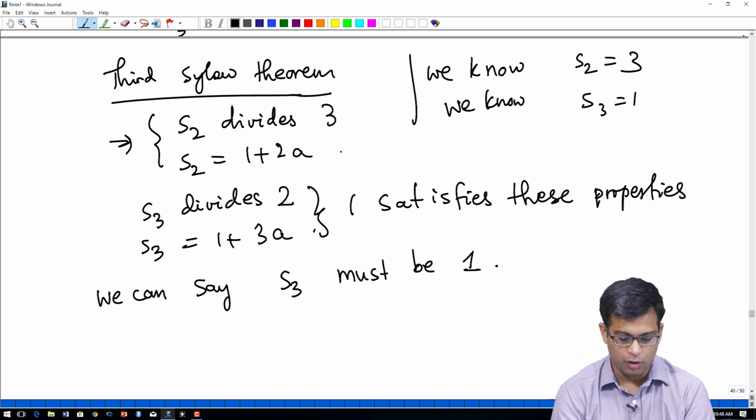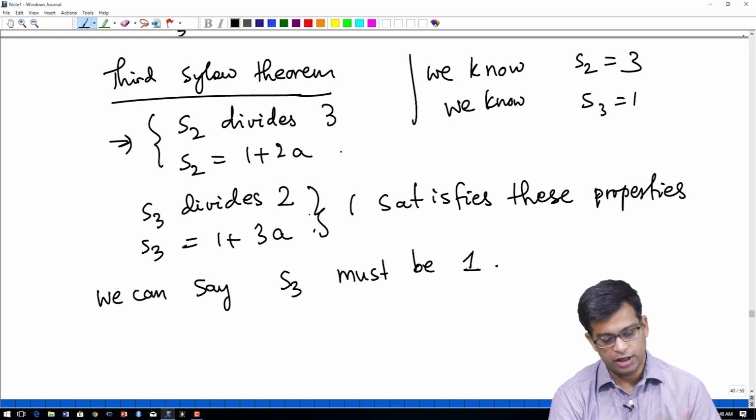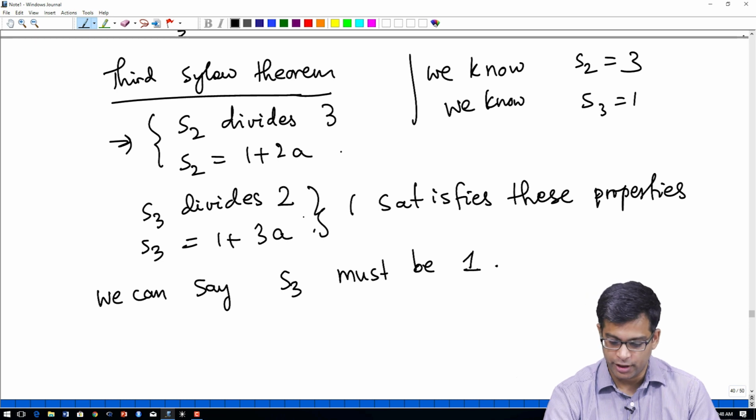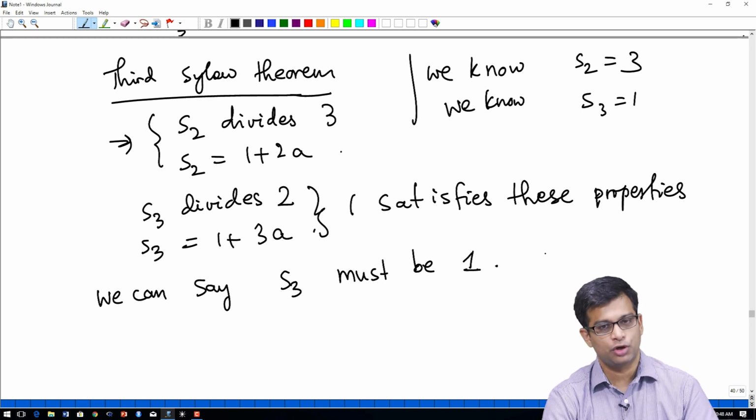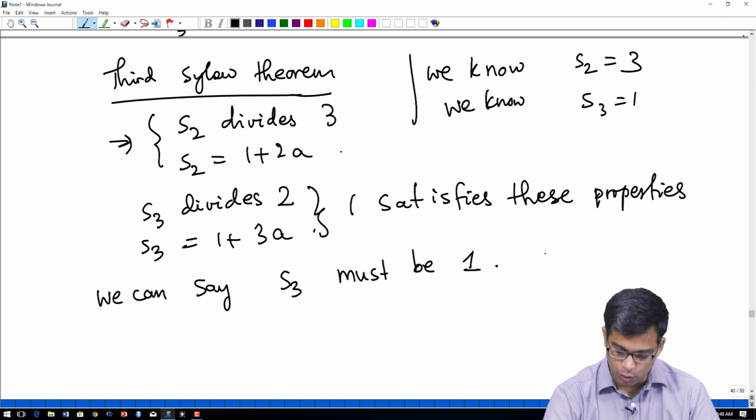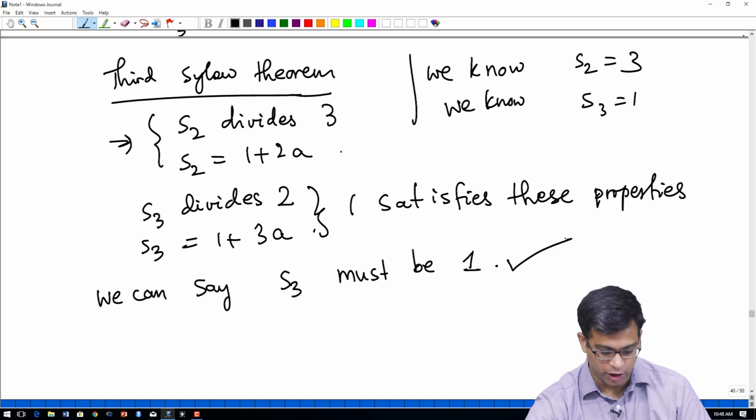Why is that? Because S3 divides 2, that leaves only 2 possibilities, it is either 1 or 2, right, but it also at the same time must be of the form 1 plus 3a, but 2 is not of the form 1 plus 3a. So, we can say S3 must be 1.